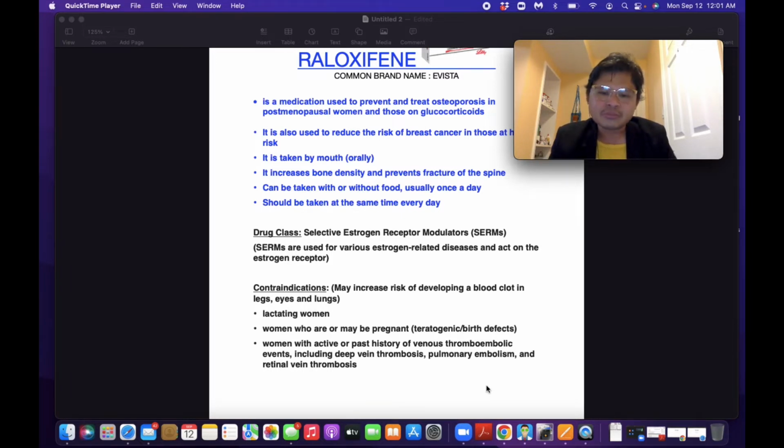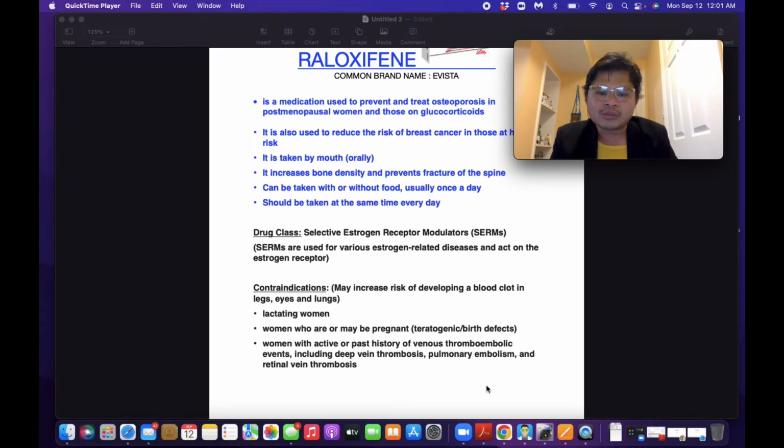A very important piece of information about this drug, guys, is that Raloxifene may increase the risk of developing a blood clot in the legs, eyes, and lungs of a person taking it.